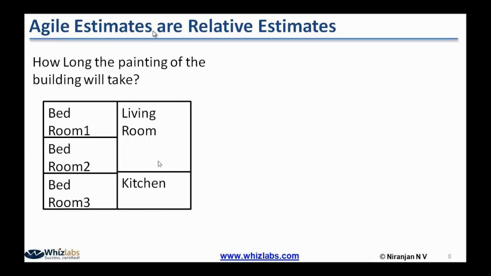Assume that you are the only painter, and to paint this building, how long are you going to take? What will be your answer? This question I am asking you. If you have any answers, maybe in terms of days, please type your answers in the chat window. Let us spend some time, then we will take the discussion further.